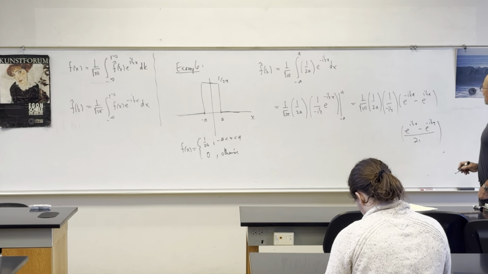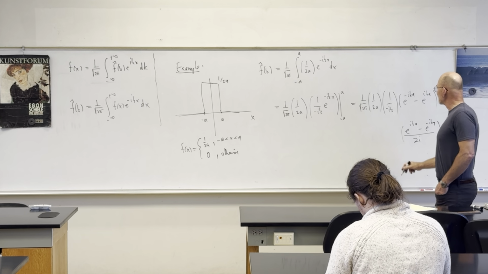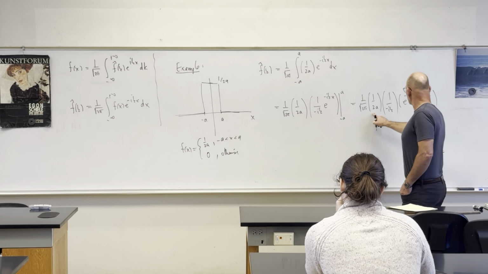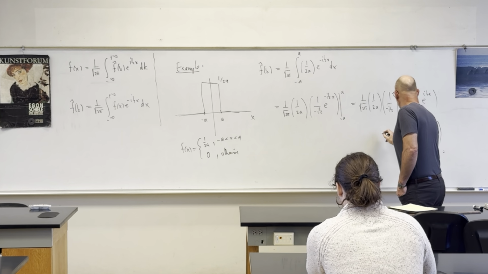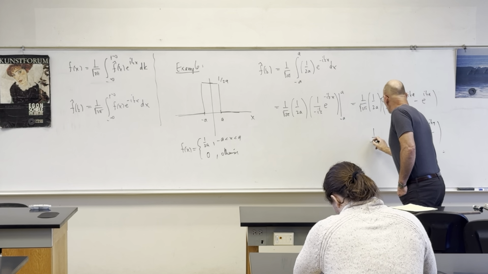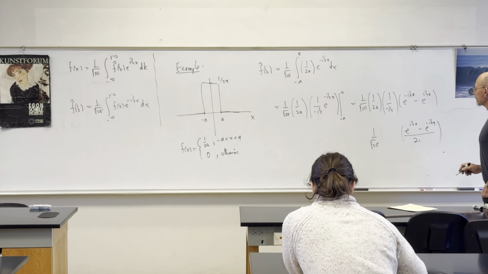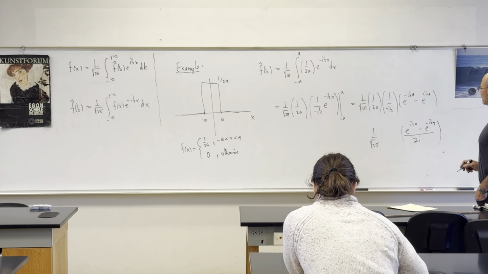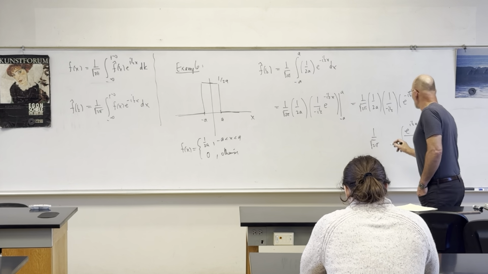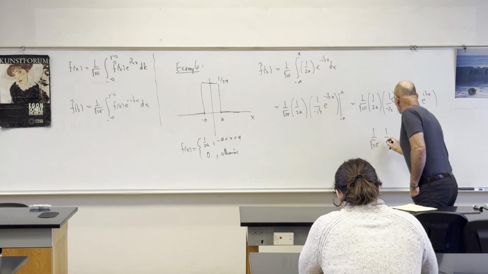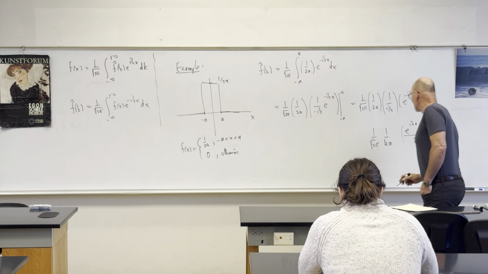So if I factor that out, got rid of that minus sign, took the 2 over there, so it's 1 over root 2 pi, 1 over k times a.